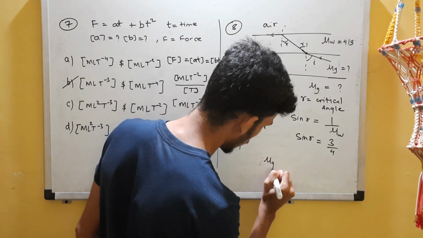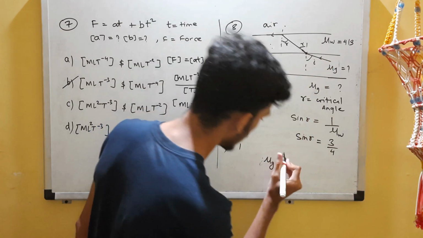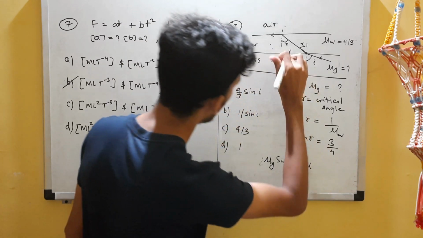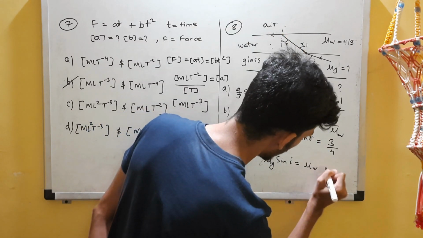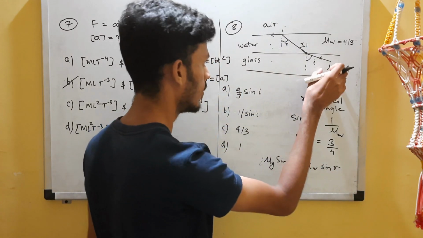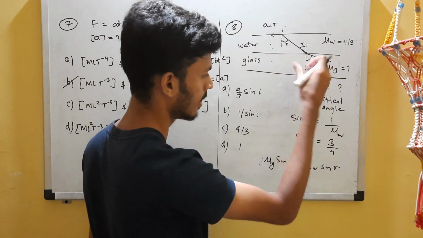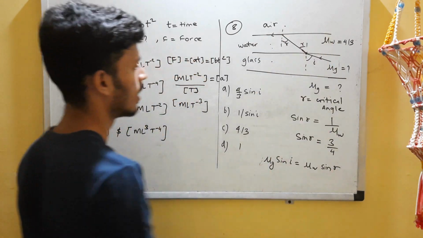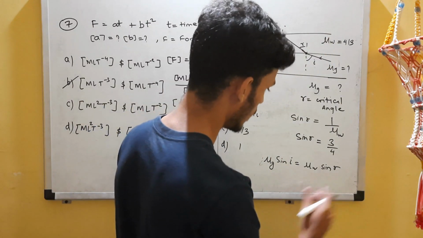The refractive index of this material into the sine of the angle of incidence is equal to the refractive index of the other material into sine of r. So yes, we have Snell's law.